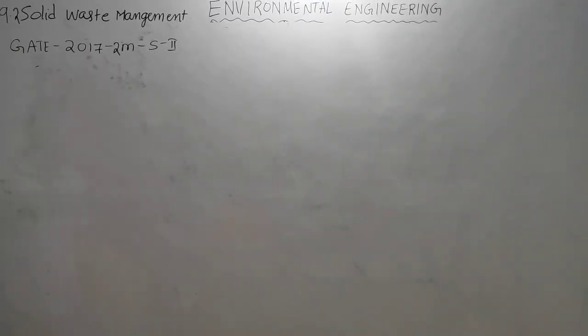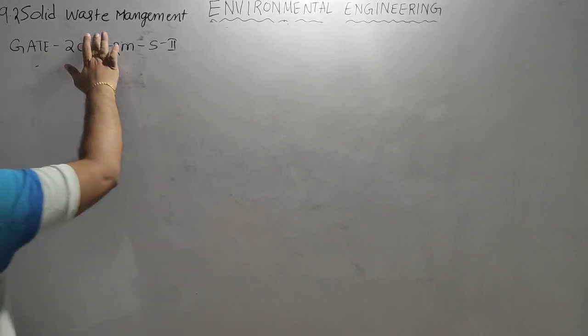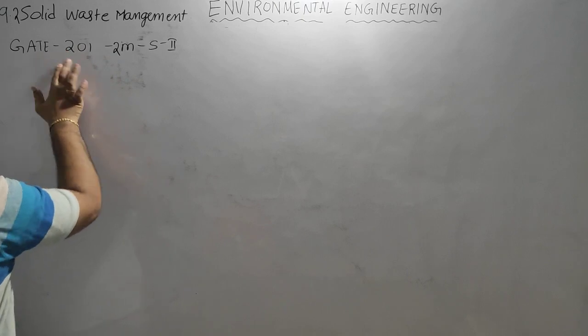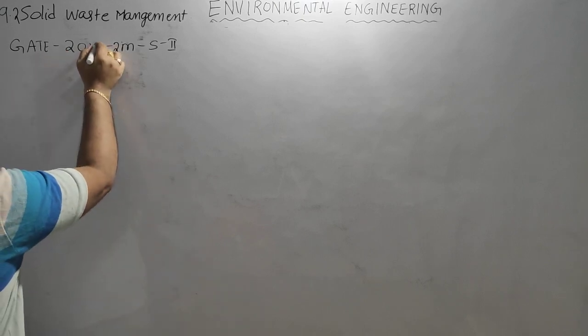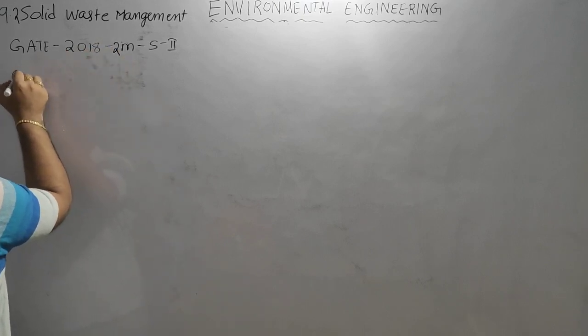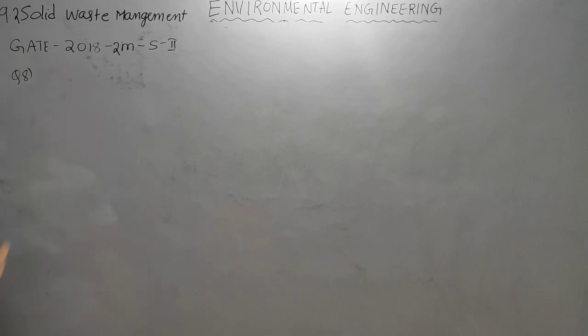So next question, 8th question, 2018, 2 marks. A coal containing 2% sulfur is burned completely to ash in a brick kiln at a rate of 30 kg per minute.